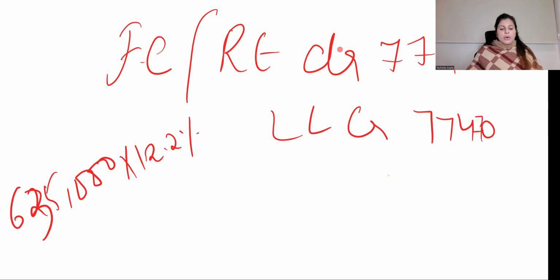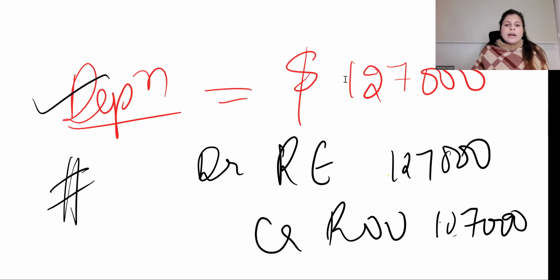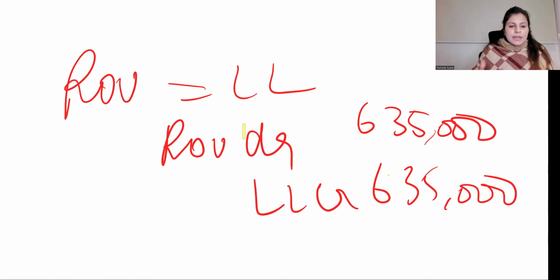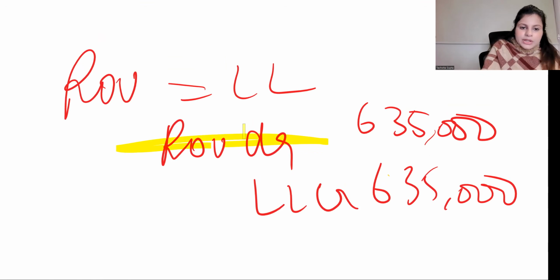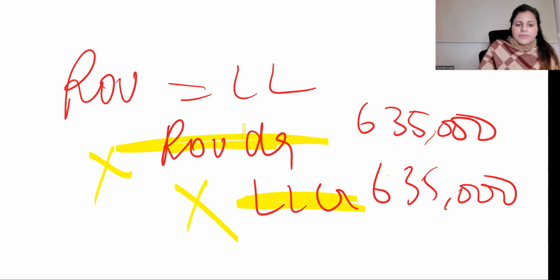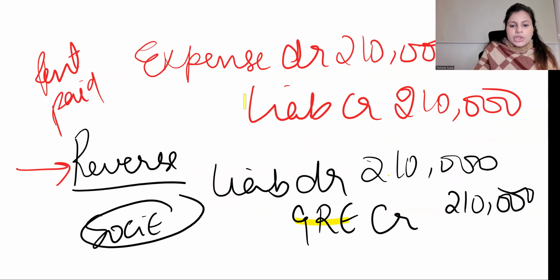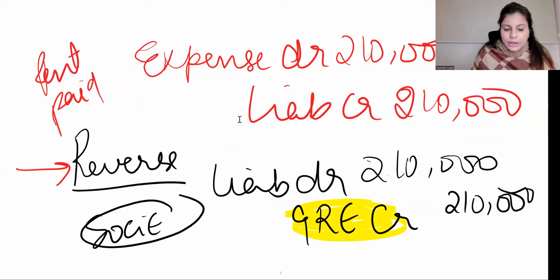Come on, tell me. In all the journal entries that I've passed, what goes into the statement of changes in equity? Is ROU there in the statement of changes in equity? No. Is lease liability there? No. What is there then? Only the GRE. So what's my total impact on GRE?